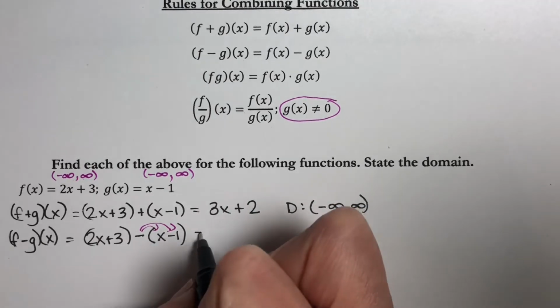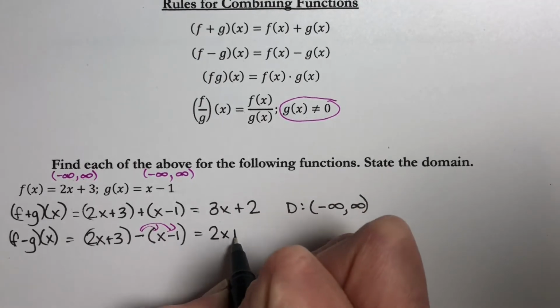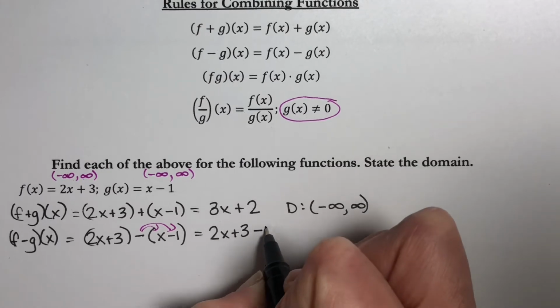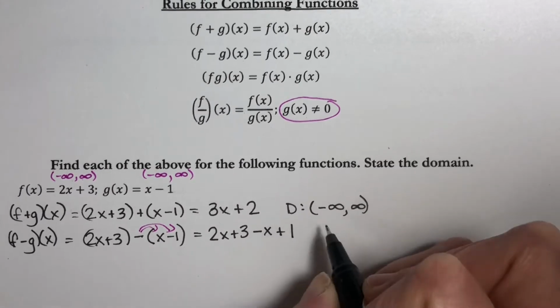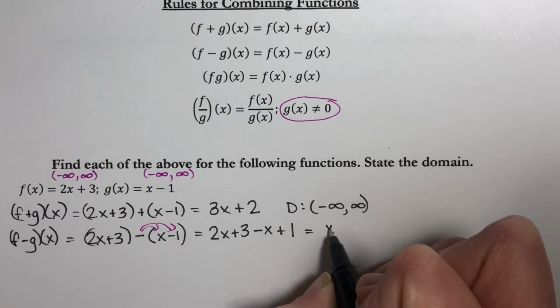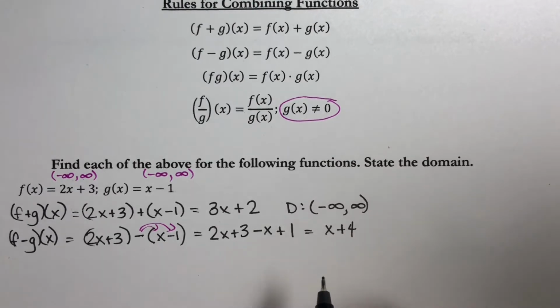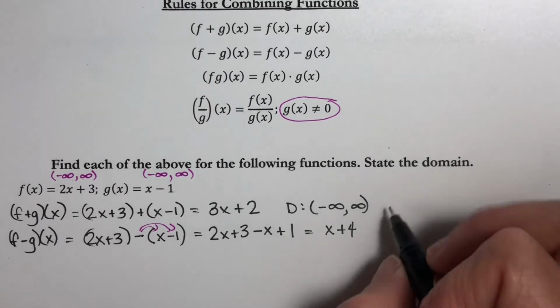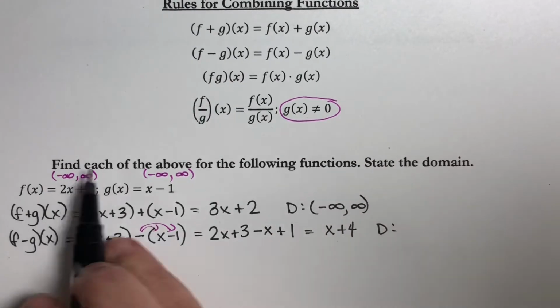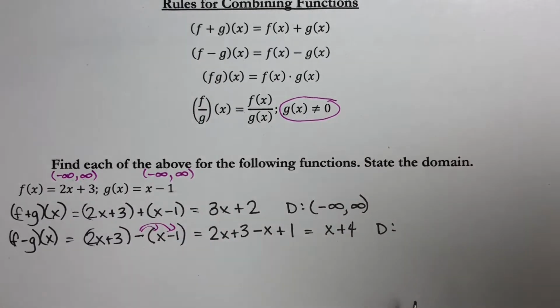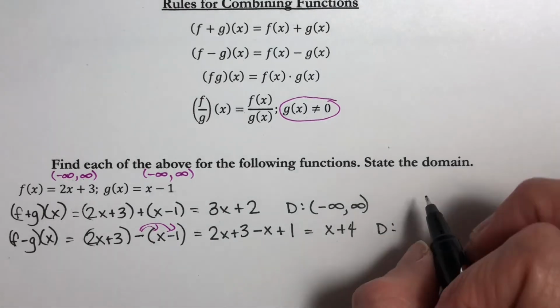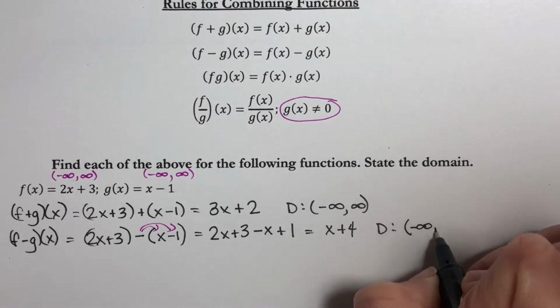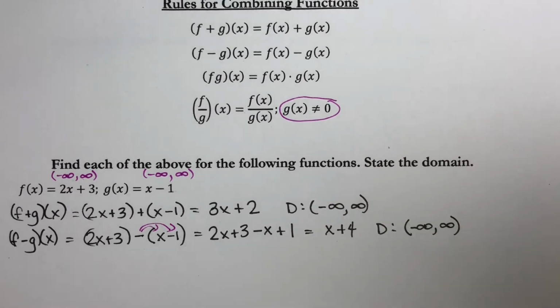So this is the same thing as 2x plus 3 minus x plus 1, which simplifies to x plus 4. Okay, now I need to consider the domain. I know that my two pieces are okay. I do not have a root here. I do not have a denominator here, so this is also negative infinity to positive infinity.